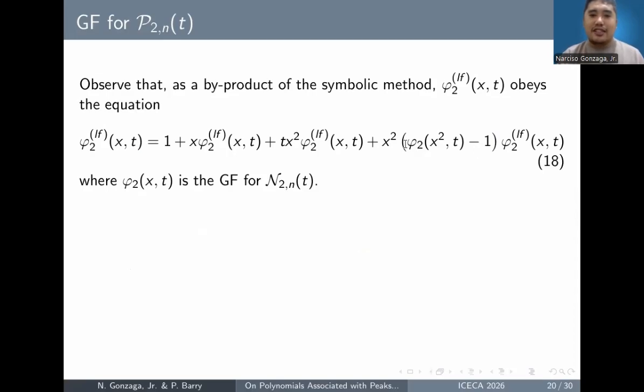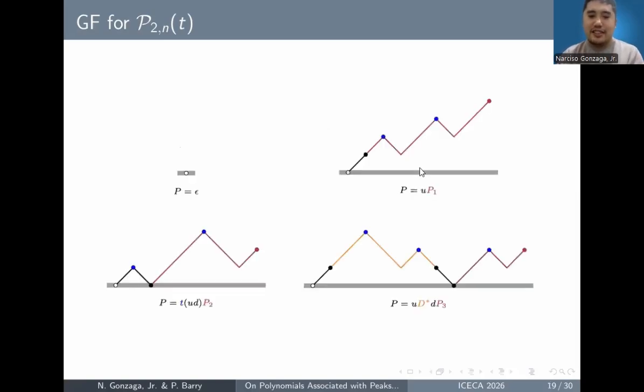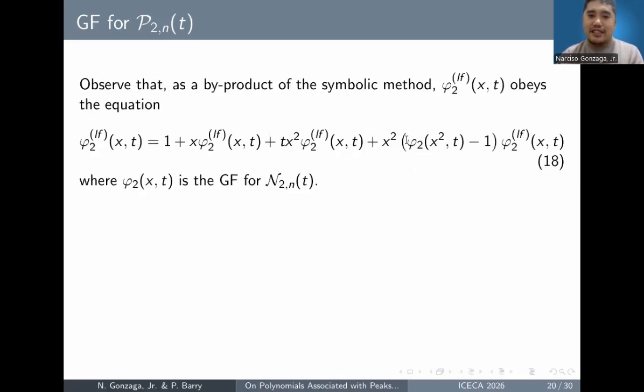Take notice of the use of the Narayana polynomial generating function earlier. Well, that is evident because in the fourth decomposition, we use a non-trivial Dyck path. So in the end, we use this generating function phi sub 2, only that it is dilated because the counting for Dirichlet factors is per length, not by semi-length.